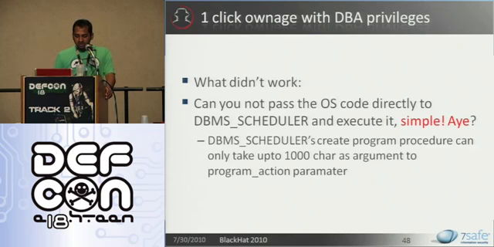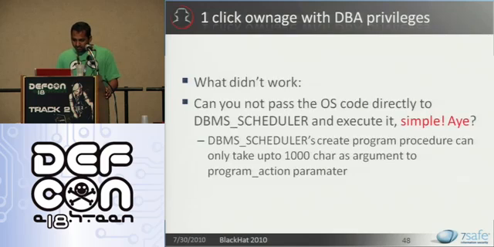Now the problem was, can we not pass the entire thing as an argument to DBMS scheduler? Well, it would have made my life very easy had that worked, but it didn't work. That's because DBMS scheduler's create program procedure, which we are calling, can only take up to 1,000 characters as input, so that did not work.